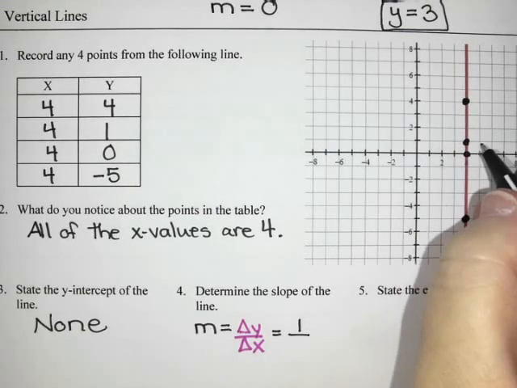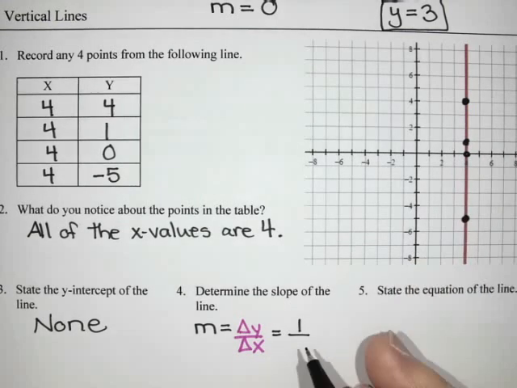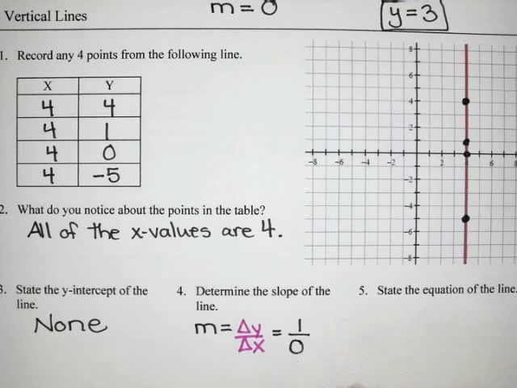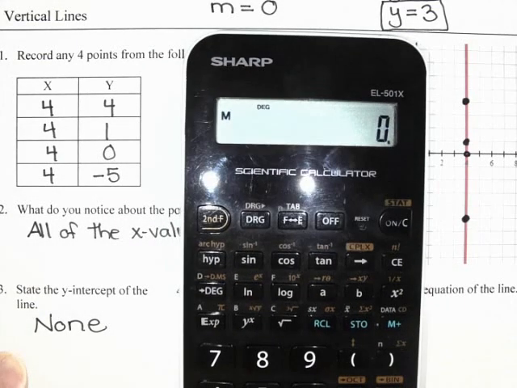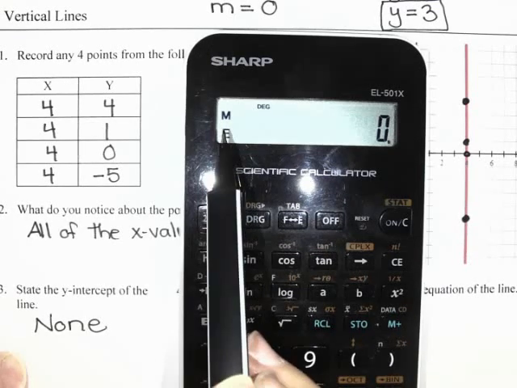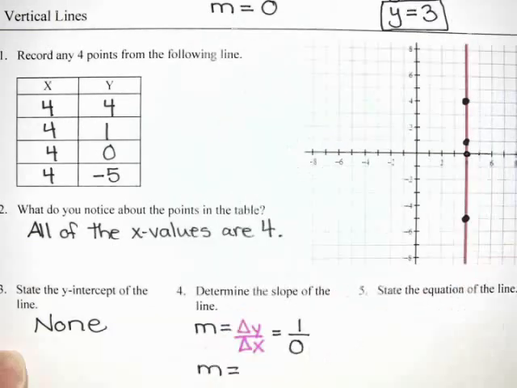But then is it moving over to the left or the right? No, it's not moving over at all. So it's going over 0. So it's moving up 1, but then over 0. It's not actually moving anywhere. So what is 1 divided by 0? So 1 divided by 0 on my calculator gives me this little e, which is an error. And there's a reason for that.